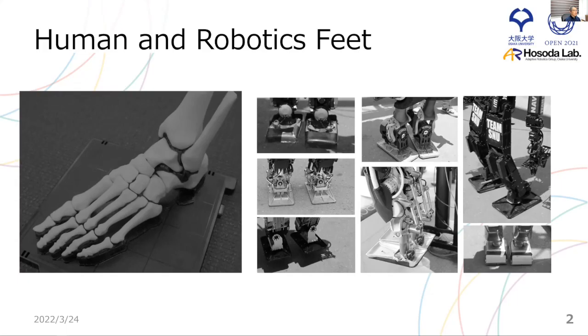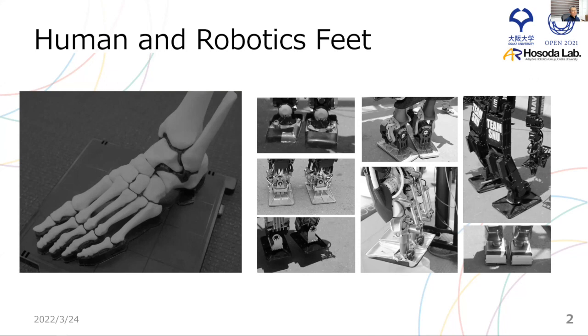So this embodiment helps to generate stable walking. The bones form a structure with the ligaments and the muscles, so it is very difficult to analyze the overall structure.